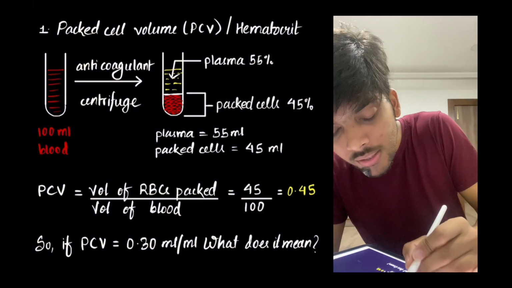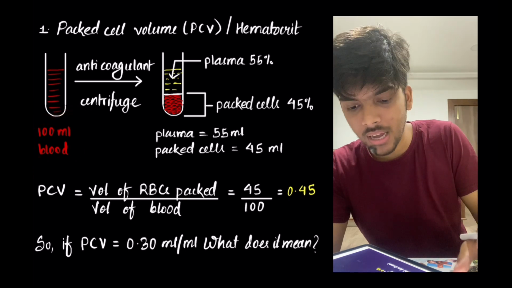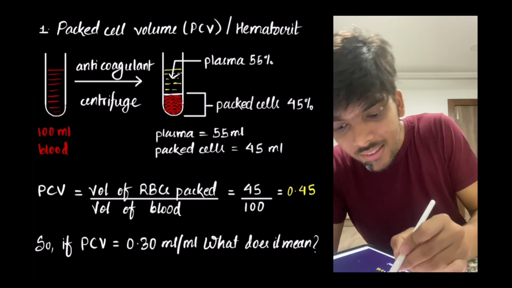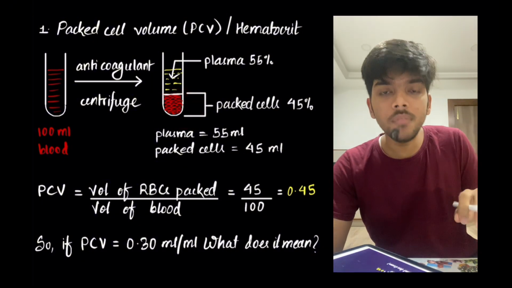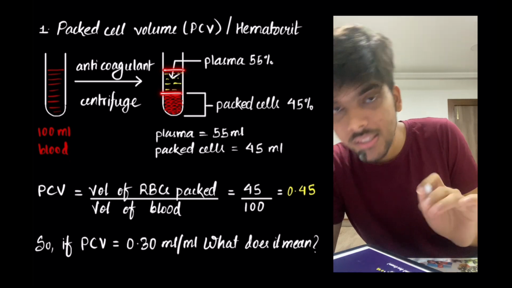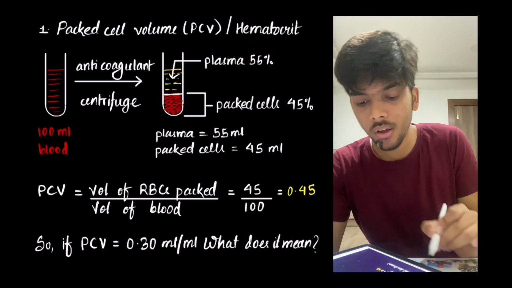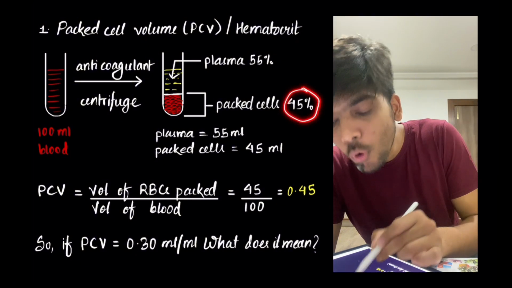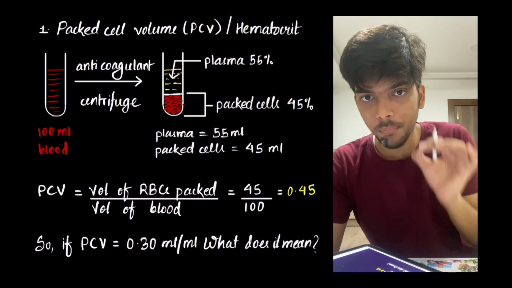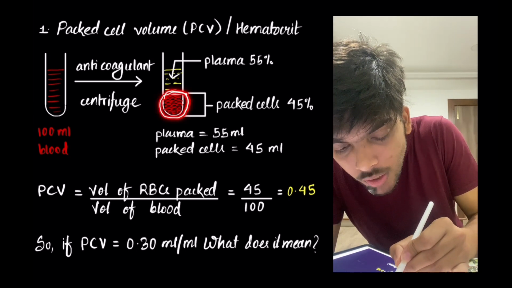Alright, so once centrifugation has occurred, in this 100 ml of blood, the portion of the blood that is heavy, which is obviously the cells, settles down, and the portion of the blood that is light, which is obviously the plasma, floats on top of the cells. The plasma composes 55% of the blood. The cells compose 45% of the blood. The packed cell volume is the volume that is formed by these cells that are packed at the bottom of the test tube.